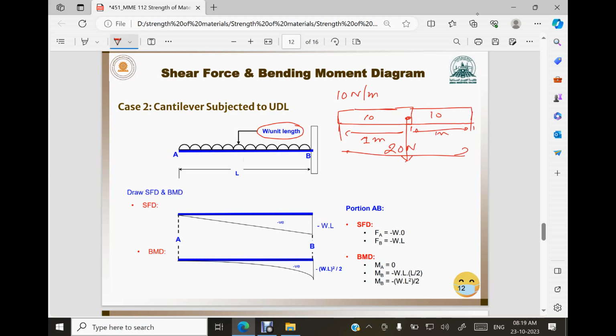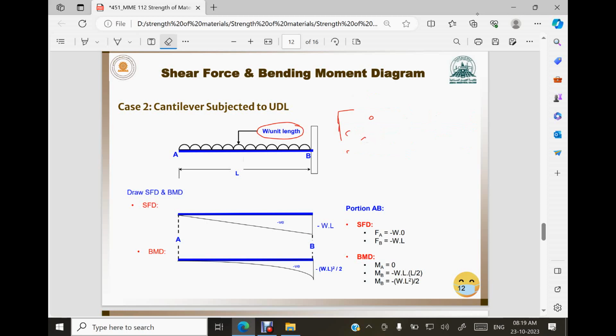Fine. So now let us try to draw the bending moment and shear force diagram for them. Let me just delete this. As usual, what is the first step? First step is to write the sign convention. Where is the sign convention? First write like this.